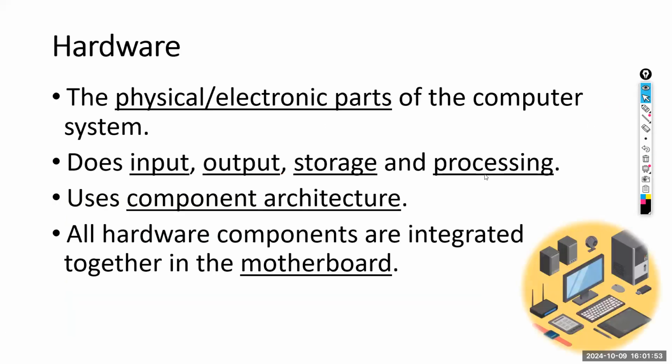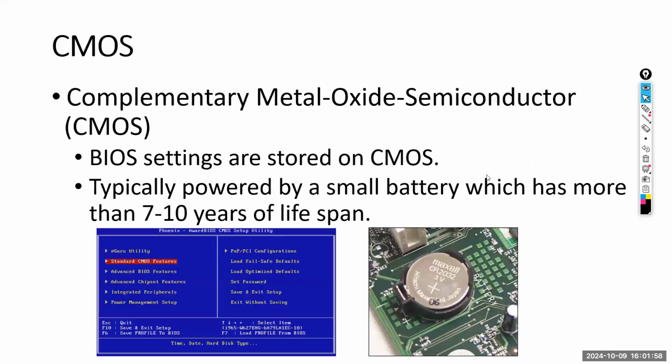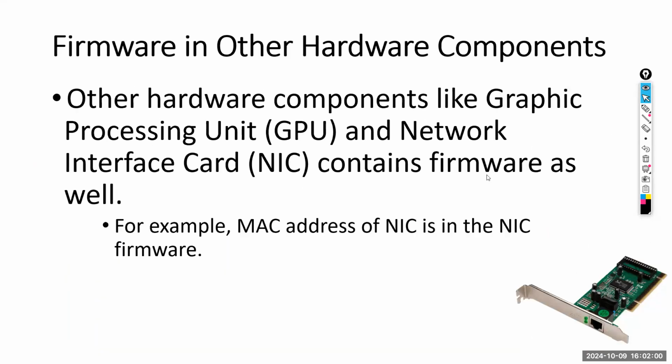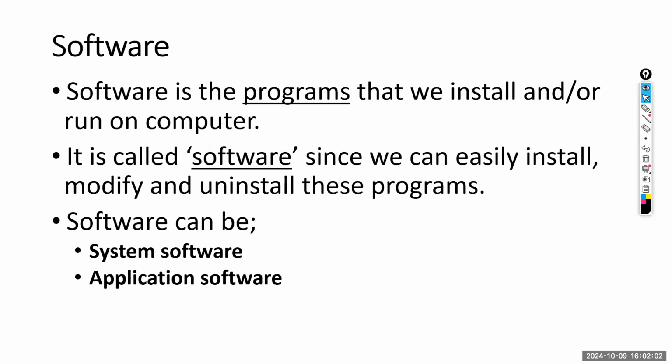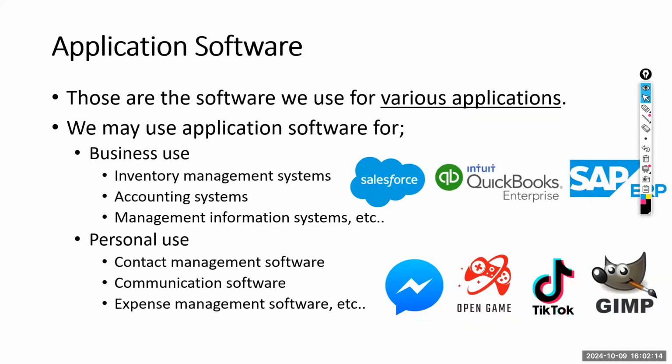So then we look at an overview of hardware, firmware components, and of course the system software and application software. System software consists of the operating system, system translators, and other utilities like file zip. And of course, application software is your other applications, business or personal.